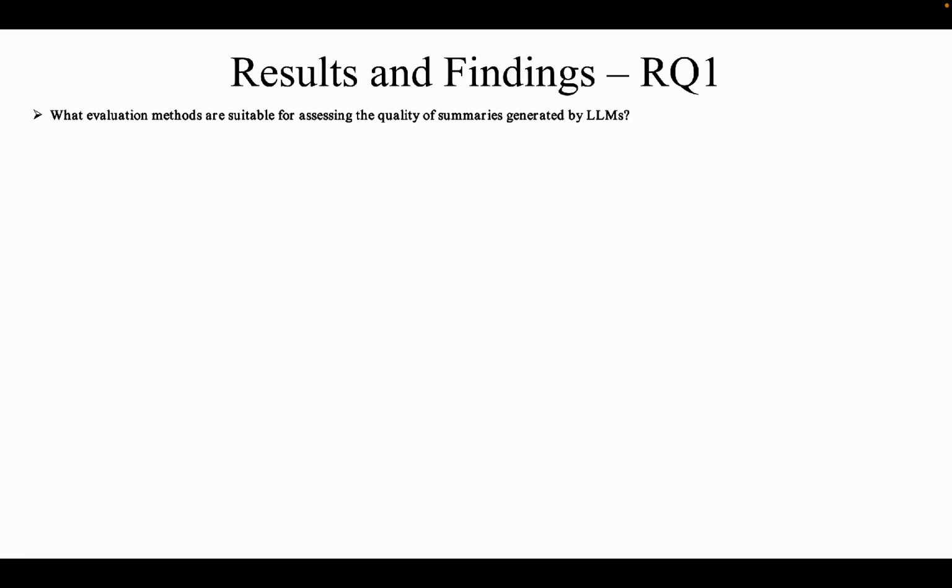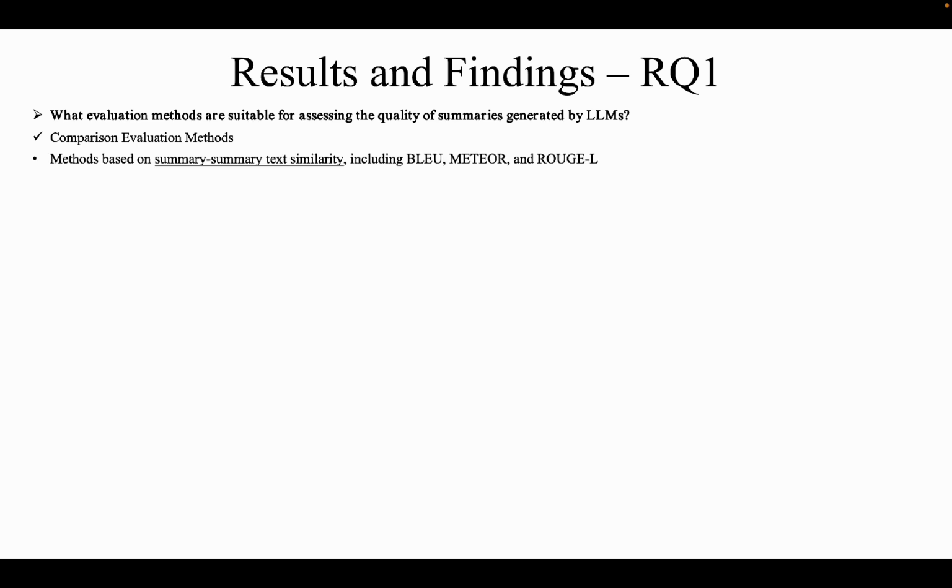So let me introduce the results and findings of RQ1, where we want to find out the most appropriate evaluation methods as alternatives for human evaluation. We consider 4 types of evaluation methods. The first type is methods based on summary-to-summary text similarity, like BLEU, METEOR, and ROUGE.